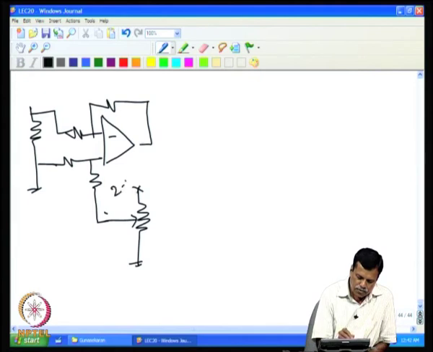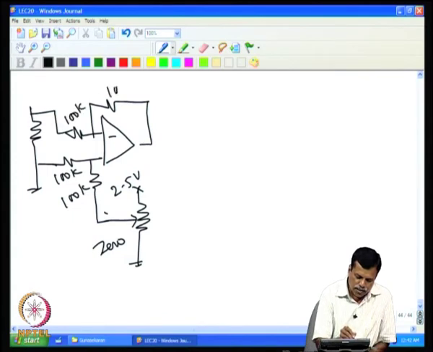And this is given 2.5 volt. This is the zero part, and these resistors are essentially to be the same, 100k or 470k is also okay, to reduce the current drawn by the circuit.